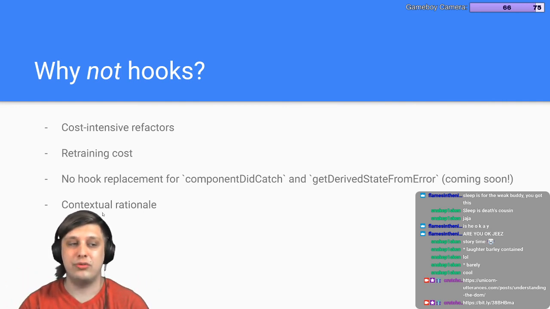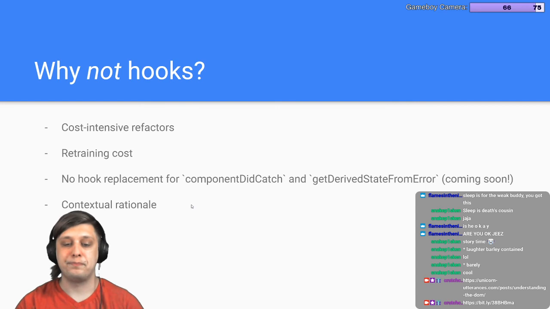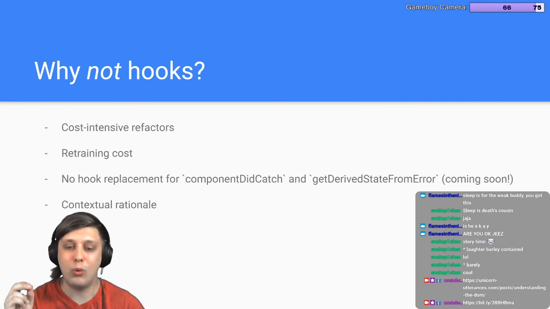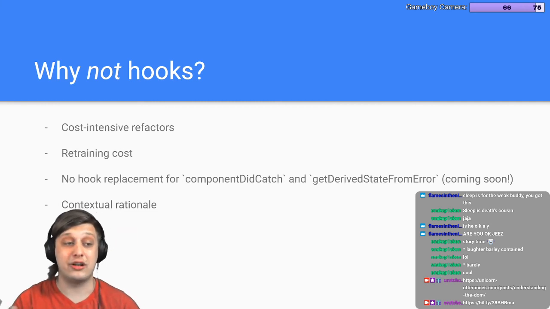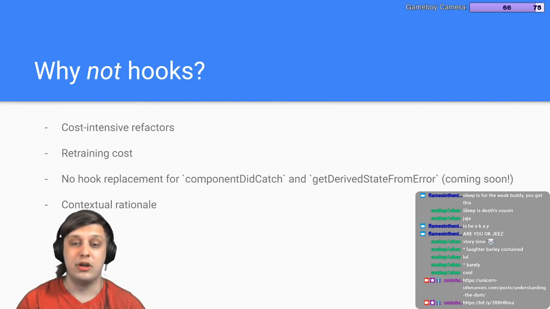And finally, and this one is the most, like there should have been some asterisks here, contextual rationale. There is only one instance where this has happened, but it was a really important instance where I was reading through some code and I thought, wow, I don't want to refactor this. Not only because it was going to take me a long time, but I actually did refactor it and I went, geez, this is hard to read.